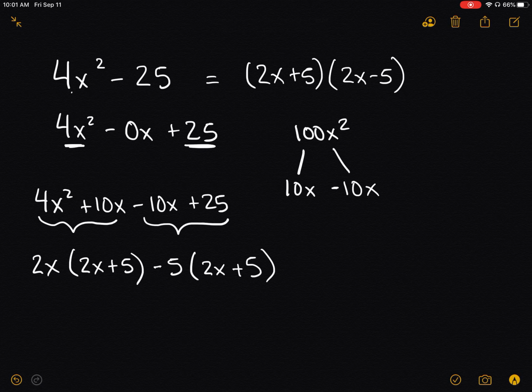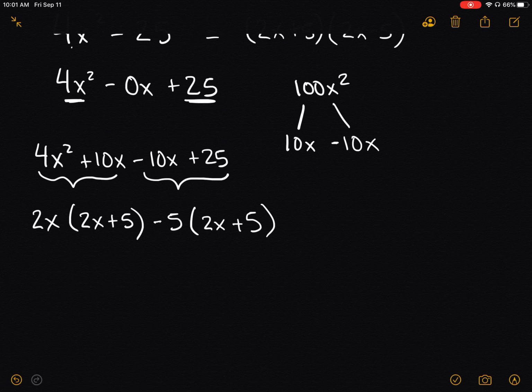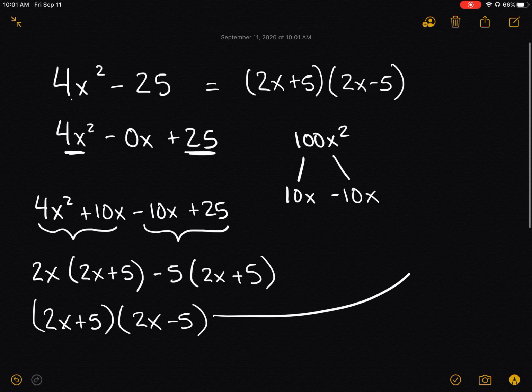I made a mistake. So 2x plus 5 is the common factor. We would get 2x plus 5 and 2x minus 5 as our answer. And we already knew that. We said it all the way up here.